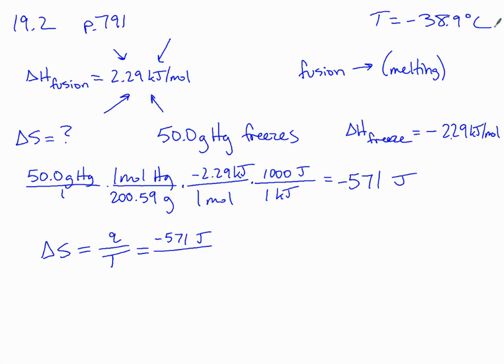Negative 38.9 plus 273. This has to be in Kelvin. 234.1 Kelvin. That's a negative 2.44 joules per Kelvin.